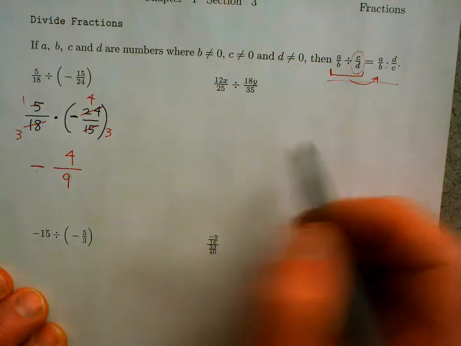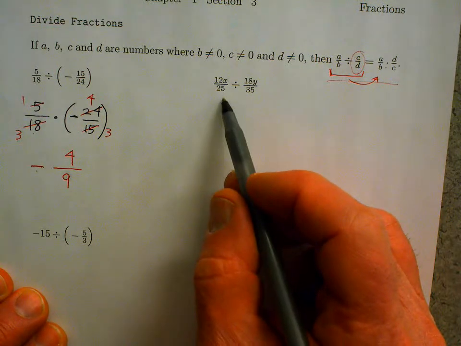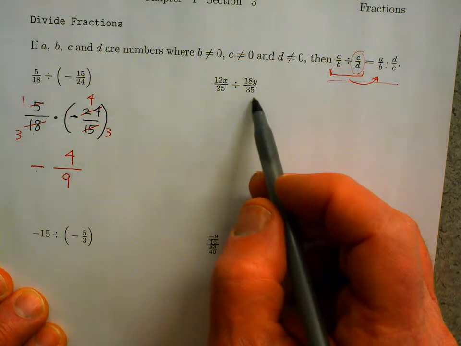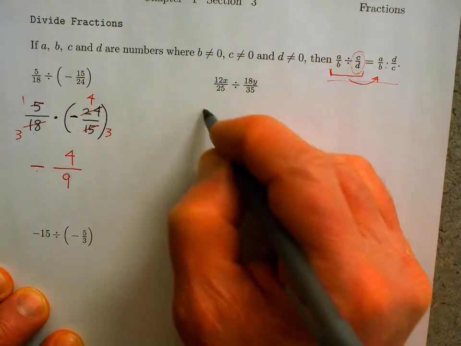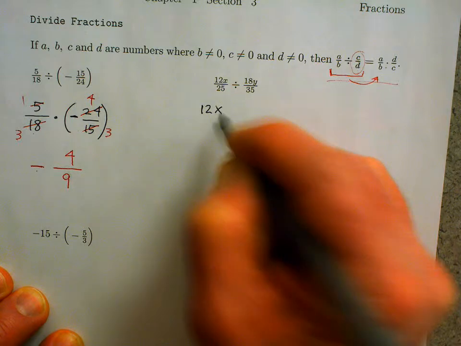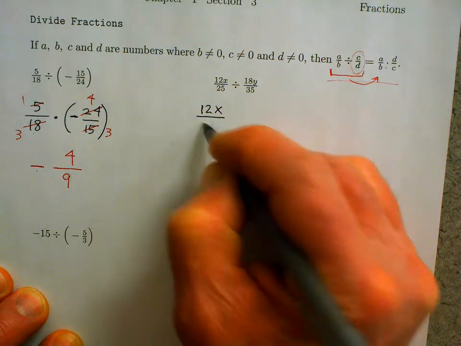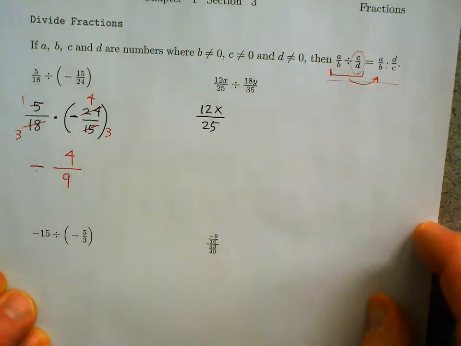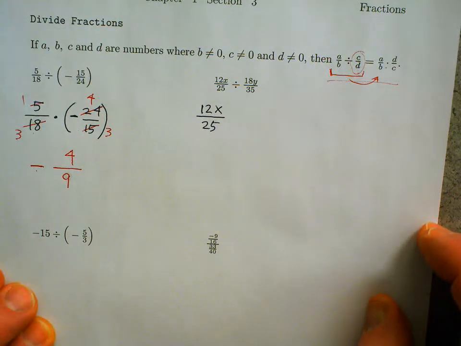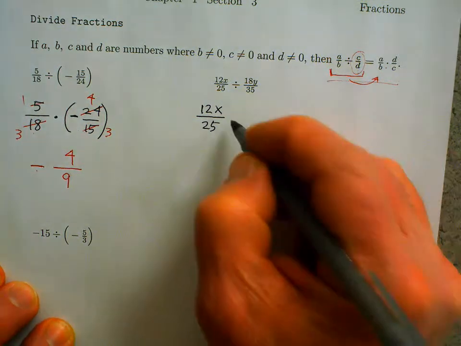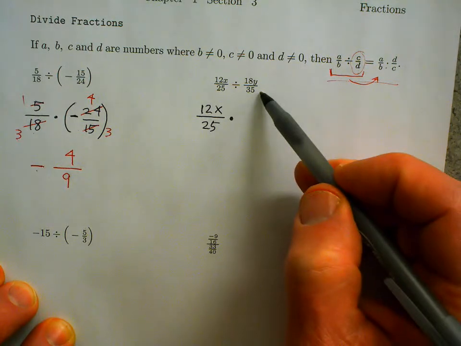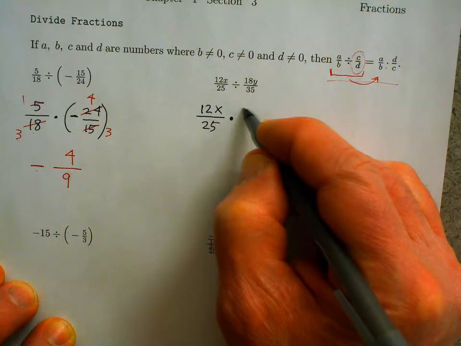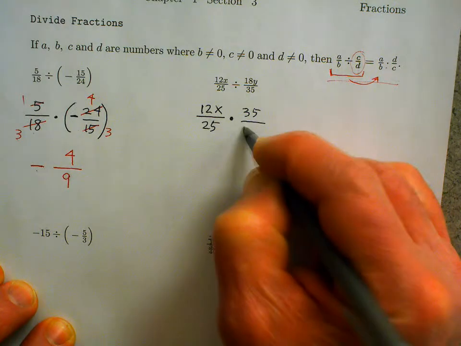Okay, the next one, 12x over 25 divided by 18y over 35. So convert this to multiplication. The fraction on the left stays exactly the same, 12x over 25. We're converting it to multiplication, so we reciprocate the divisor and write 35 over 18y.